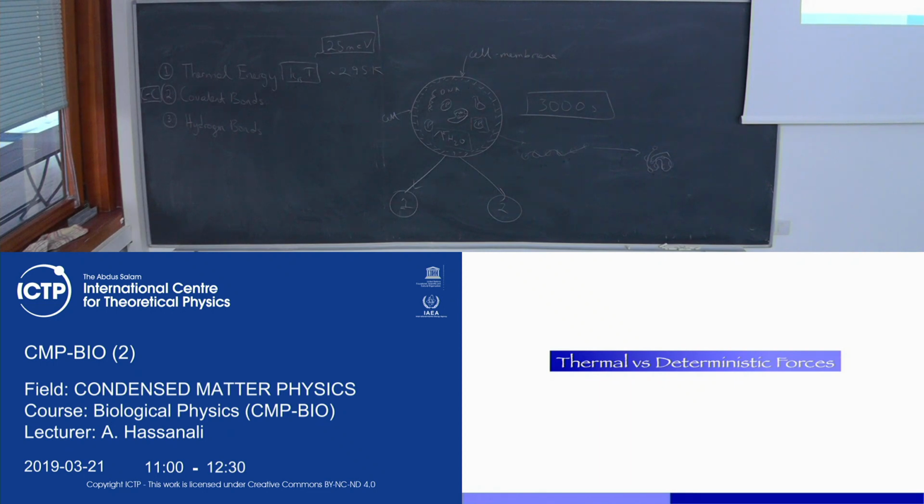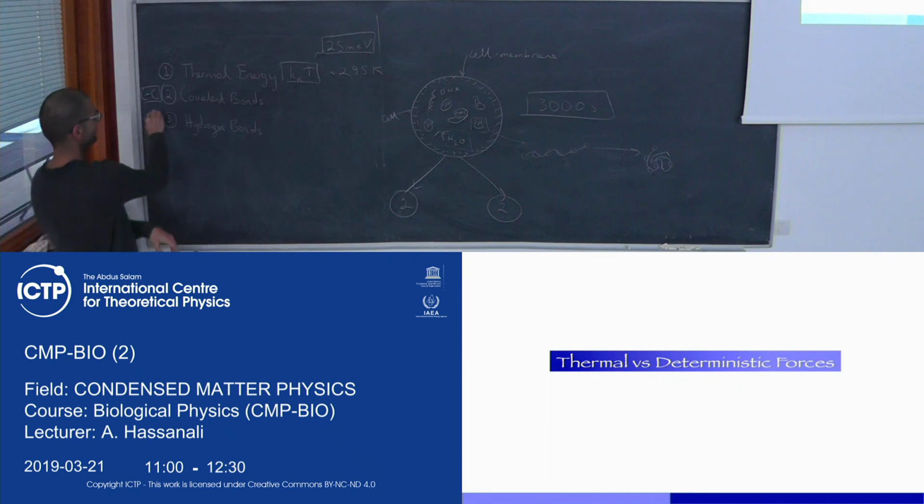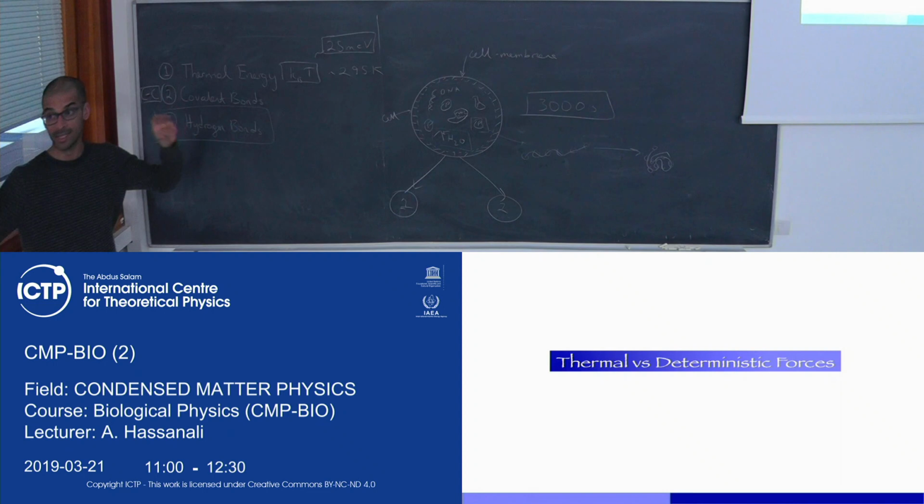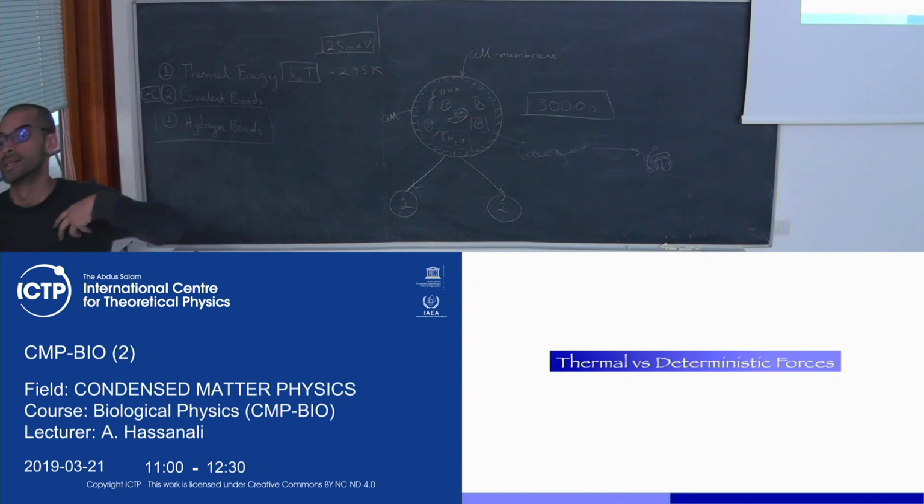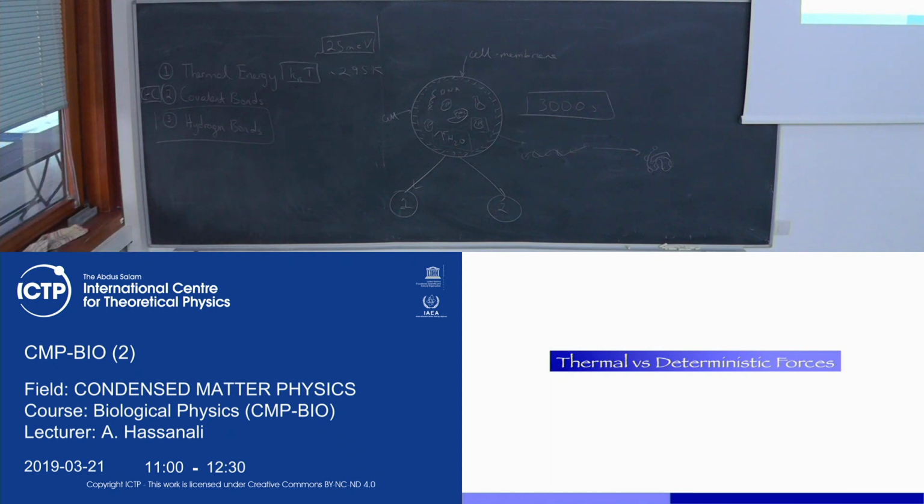But we can certainly say for sure that there's a separation of energy scale of breaking that covalent bond versus weaker interactions that don't involve electron sharing. So the moment I have electron delocalization, the moment I have electron sharing, I'm going into a regime of much more energy being needed to break apart the bonds.